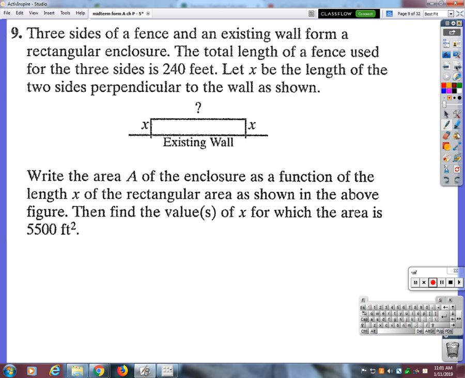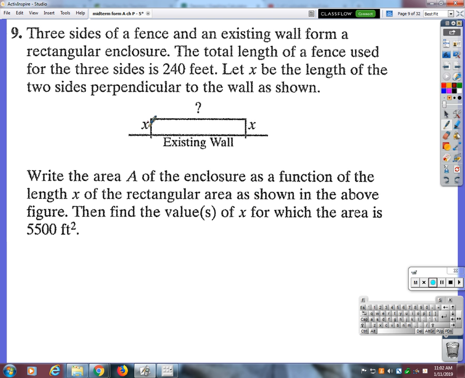All right. So you got 240 feet of fencing. How much are you going to have for that piece right there? Not a variable though, because we know we have 240 feet of fencing. For example, Tristan has this.